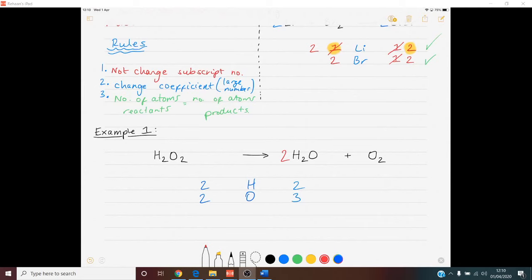Because now, if we recalculate, we have 2 oxygens in the water, 2 oxygens in O2, which gives us a nice even number, 4. Don't forget, we've also changed the number of hydrogens, which means 2 times 2, which gives us 4. As a side note, you can think of the big number 2 in front, the big coefficient, as being a bracket in maths.